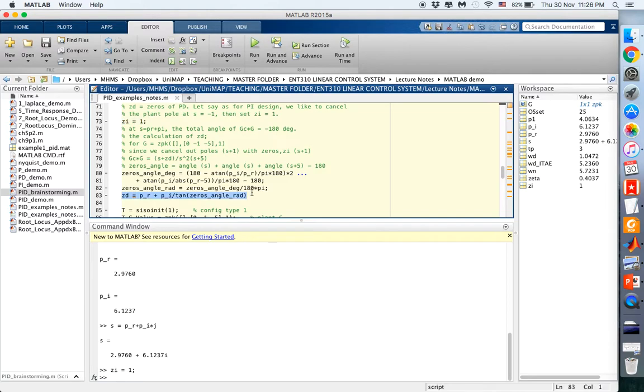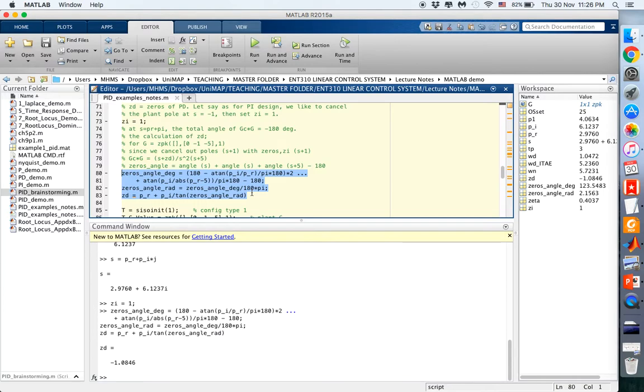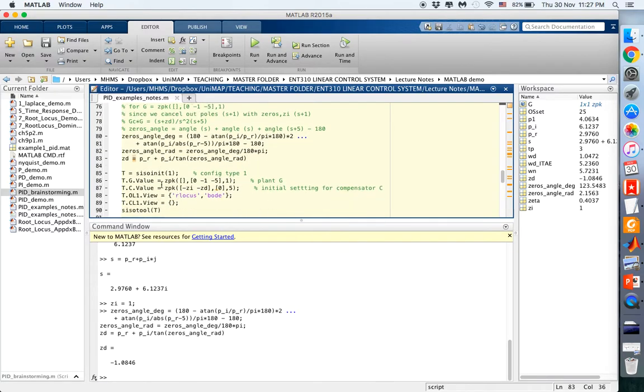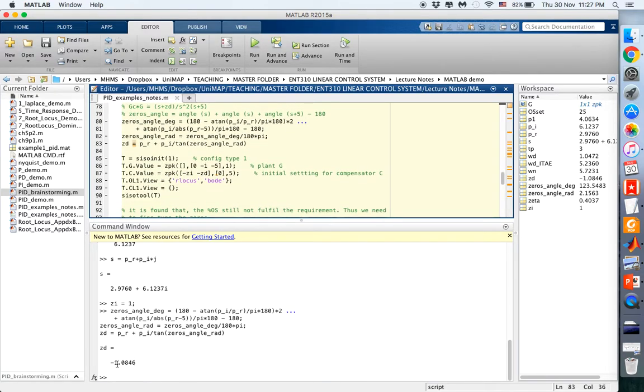Using trigonometry we can find Zd, which is now -1.08. Now we have all the values required: our plant values and our compensator values Zi, Zd.